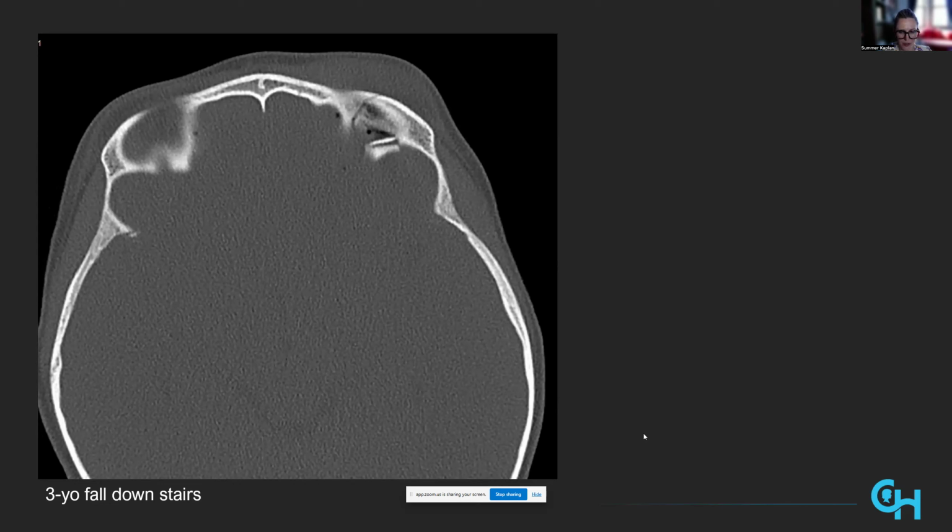I know it's difficult when we're all virtual, and so this injury is not subtle. This 3-year-old fell down the stairs, and we have trauma to the left frontal area. So non-displaced fracture through both cortices of the skull, and then a small fragment that's displaced intracranially along with some gas.